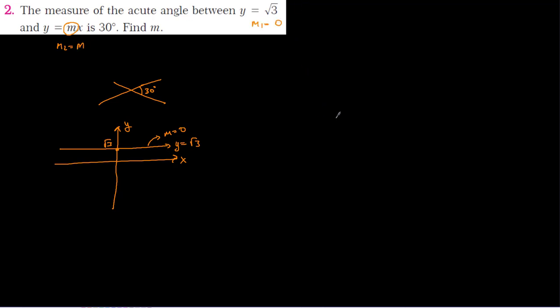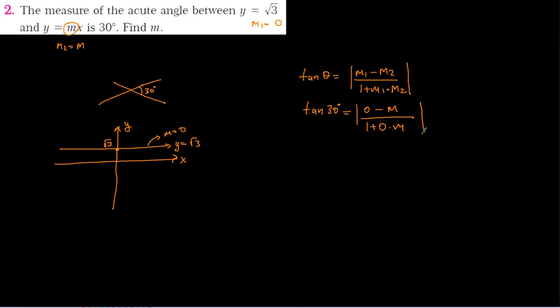And with respect to this one, tangent theta is equal to m1 minus m2 over 1 plus m1 times m2, which is tangent 30 here. It is given. It's equal to m1, which is 0, minus the value m, all over 1 plus 0 times m, in absolute value.